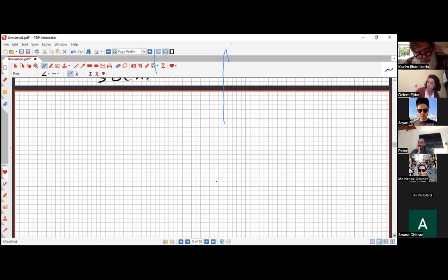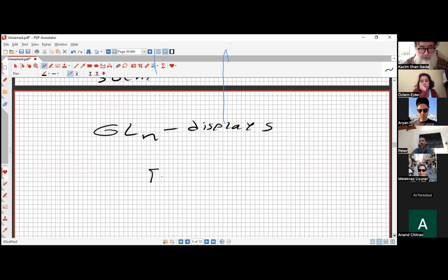How do we do this? Let's first do the case of ordinary displays that are supposed to be GLN displays. To give a GLN display, what data should you give me? At least the simple one. If you assume that the projective module is free, then you should give a filtration by submodules.